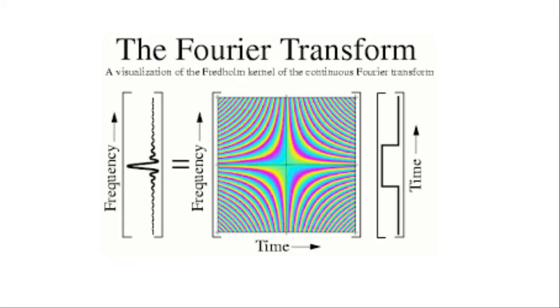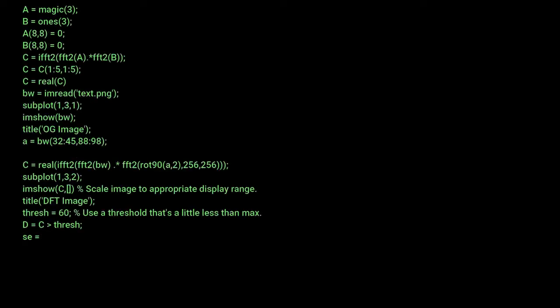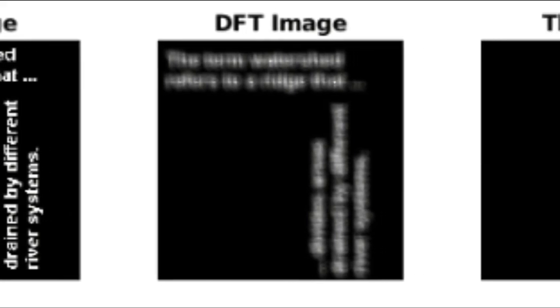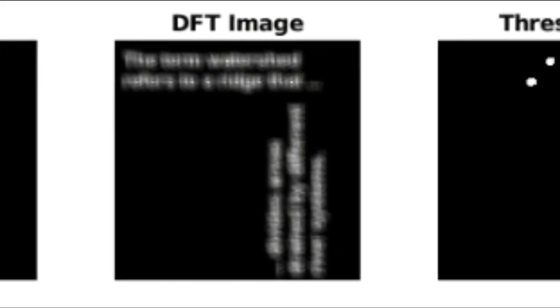Now let's see an example of DFT. After applying the DFT algorithm to the image, we can see the text in the image is almost unreadable. So as we can say, the DFT gives better compression than DCT. After applying some threshold, we can only see the pixels which are greater than the threshold value.